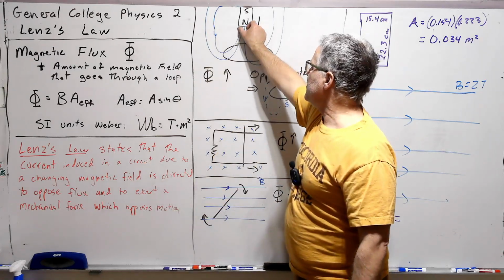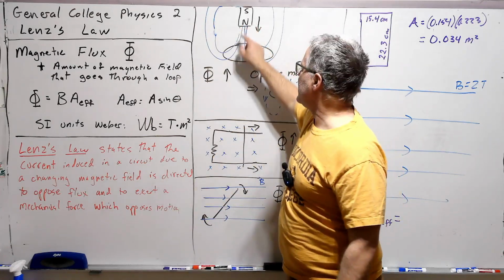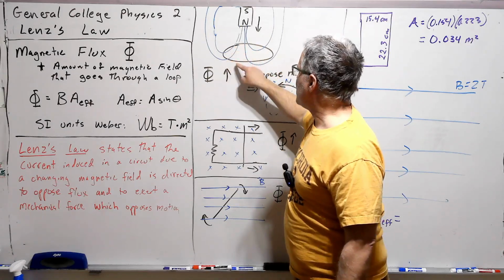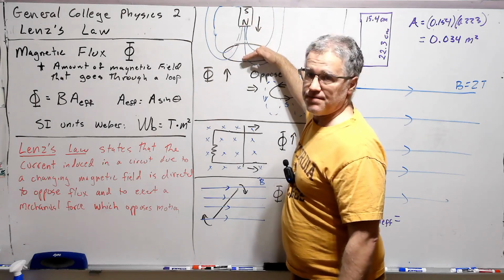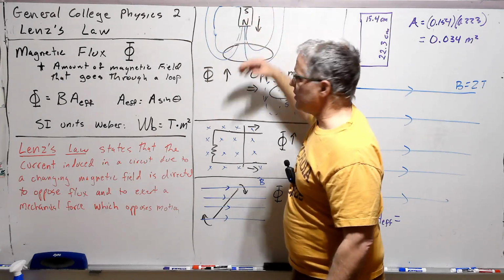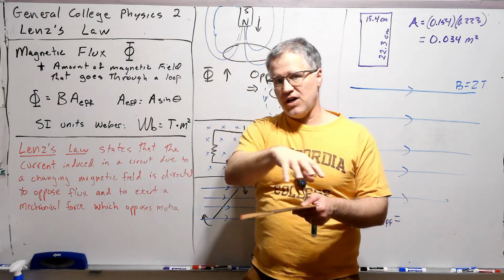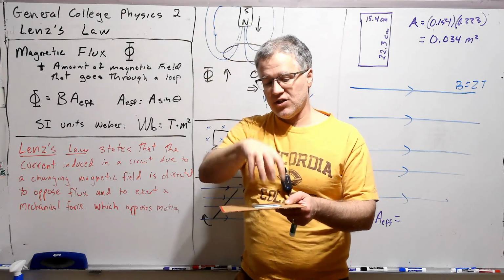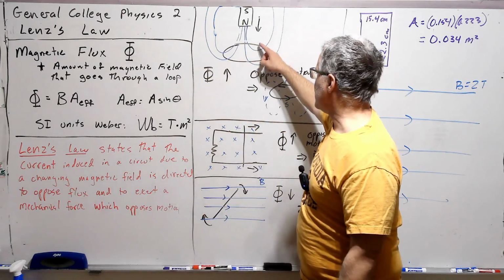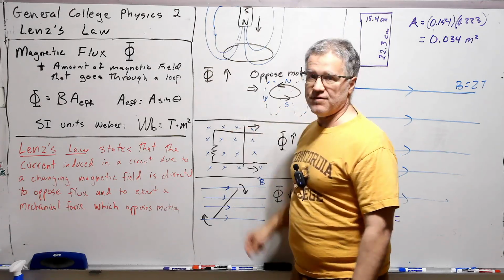And right near the north, we have more field. So what is going through this loop from this position, as it moves downward, is an increase in flux. The number of field lines going through the loop is increasing here. So the magnetic flux increases.